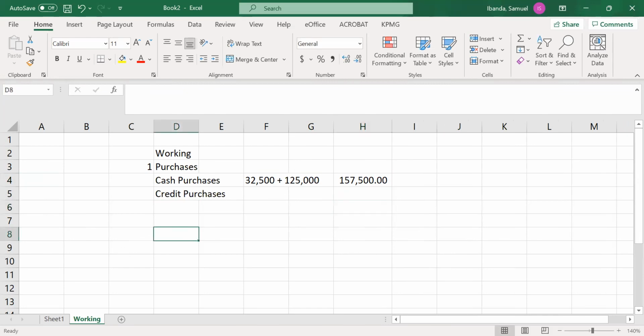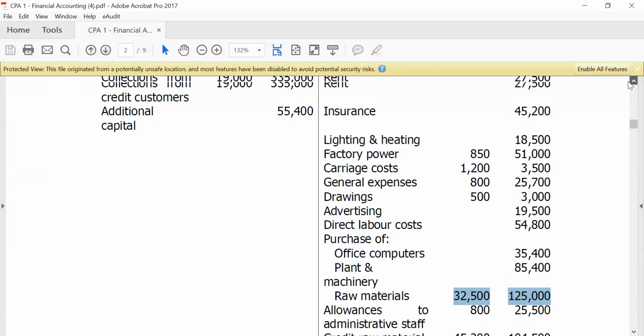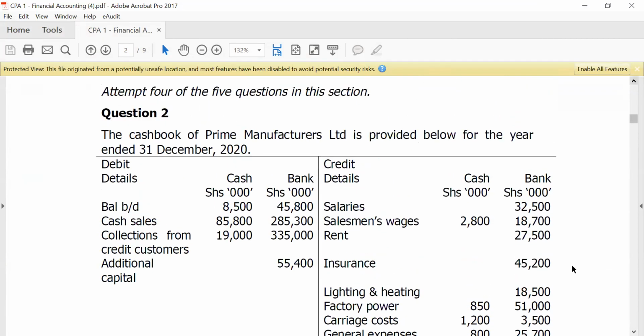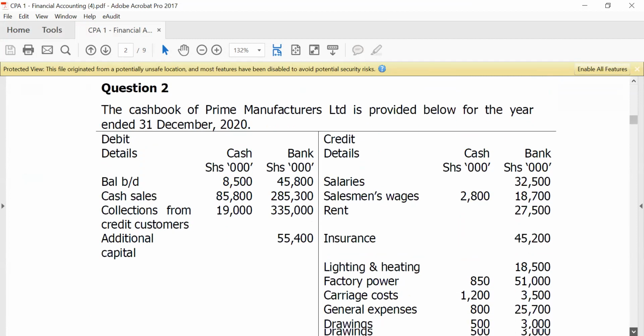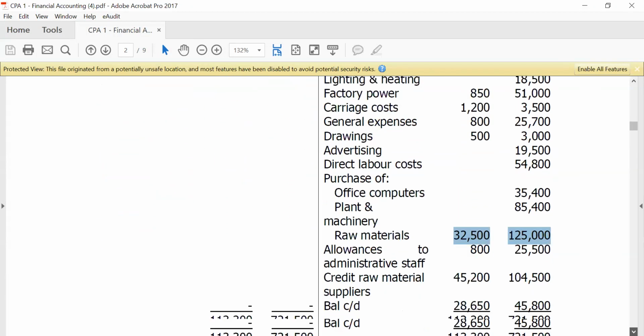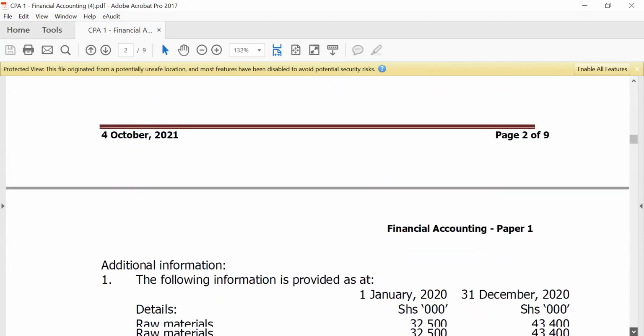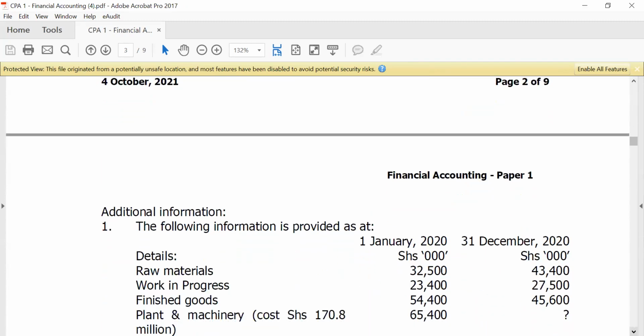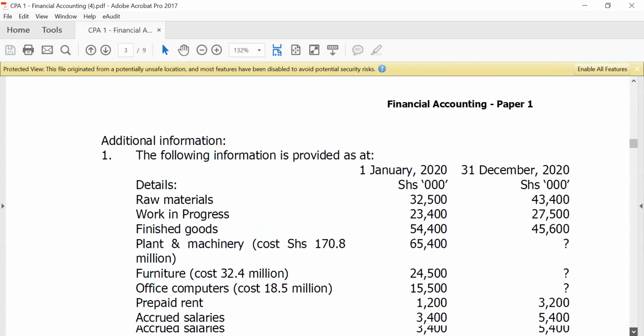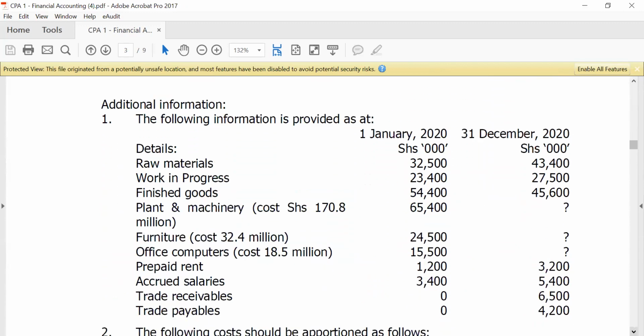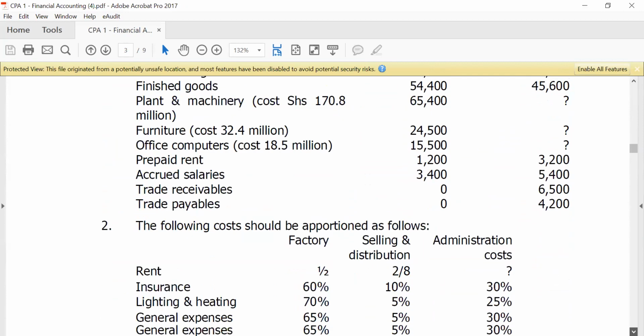But when you come back to the question here, you need to look for the credit purchases. Just like the question we did last time in the class, you get to realize that this question basically didn't give us the credit purchases directly.